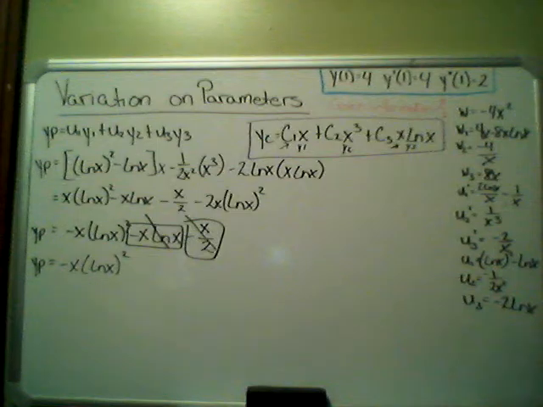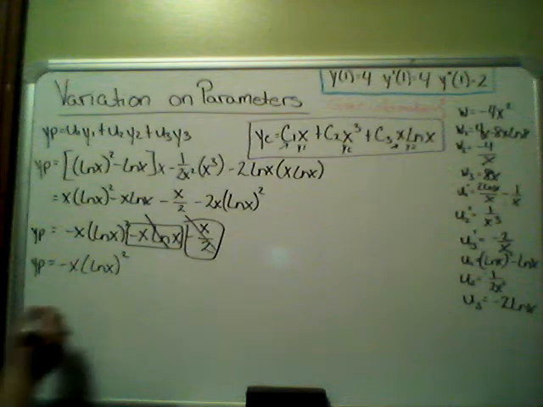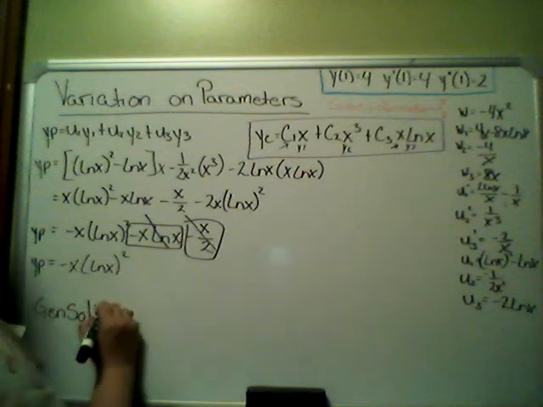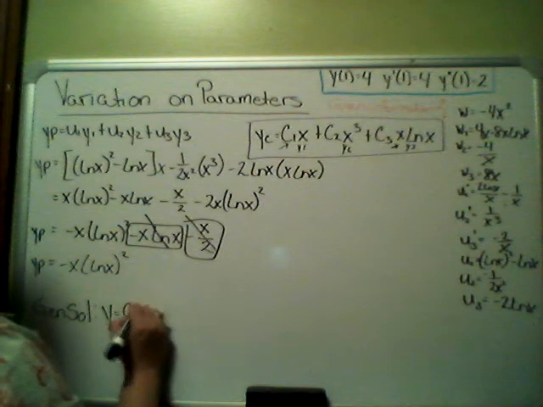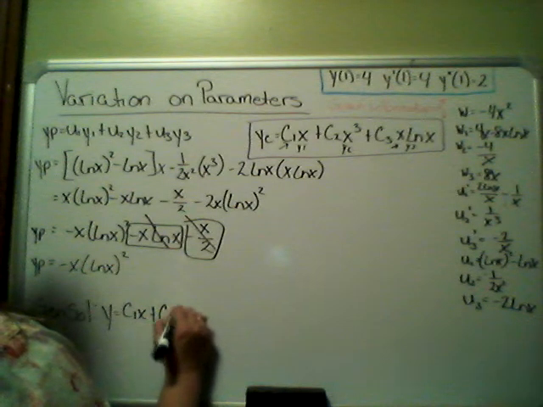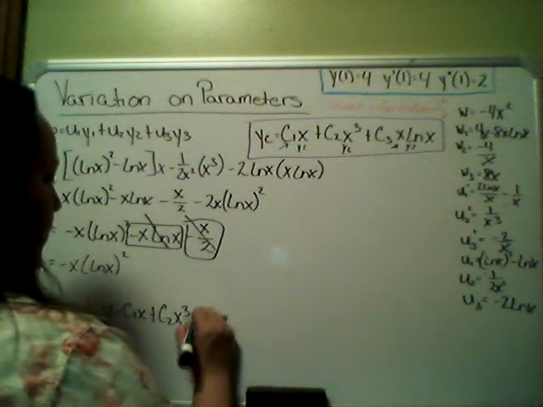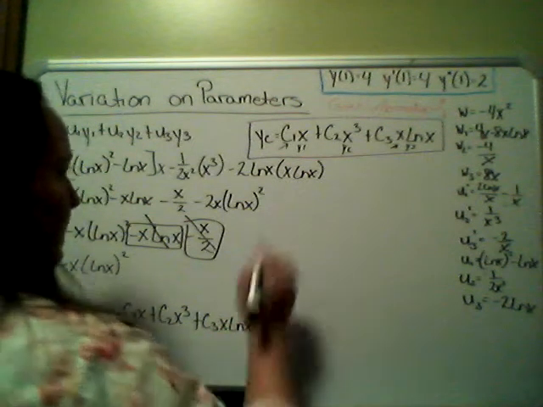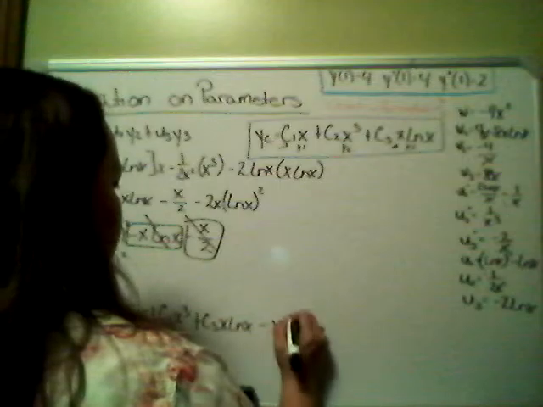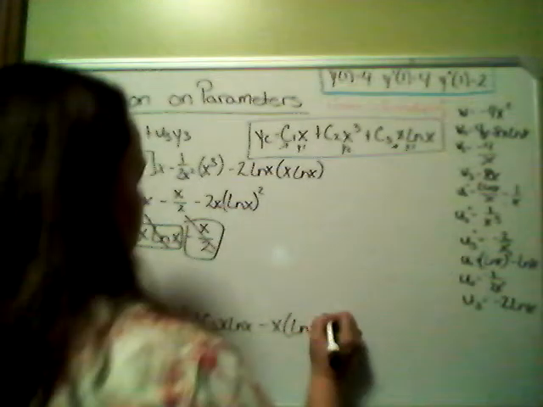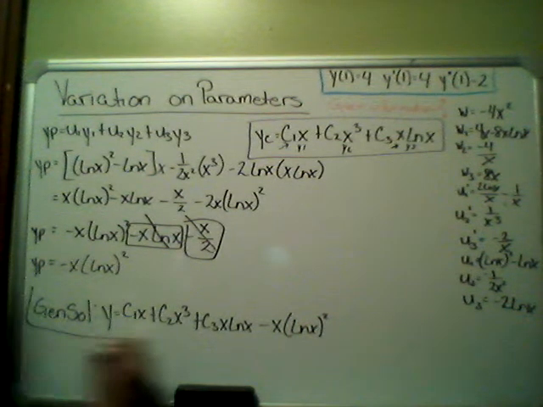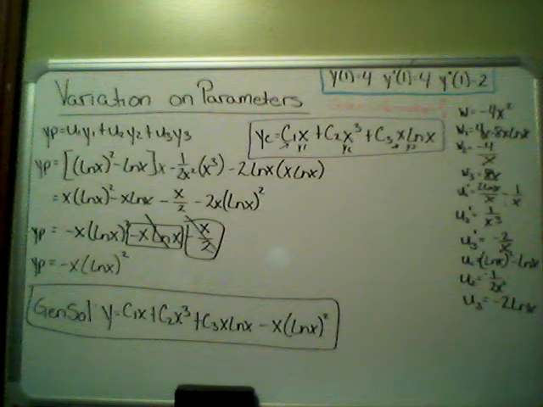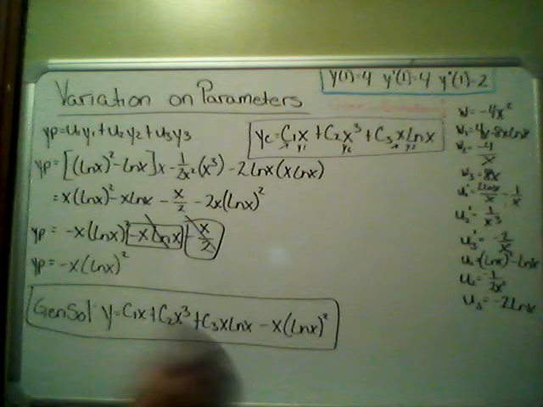And that's what we're going to use to put together our general solution for this problem, which is y equals c1x plus c2x cubed plus c3x ln of x minus x ln of x quantity squared. And so this is our general solution that we're going to use along with the information we have here to find out what C1, C2, and C3 are.